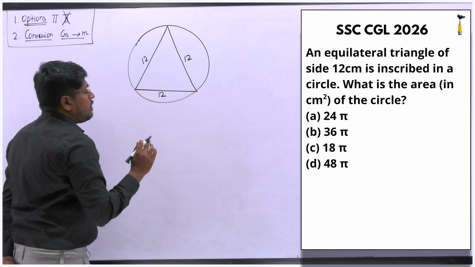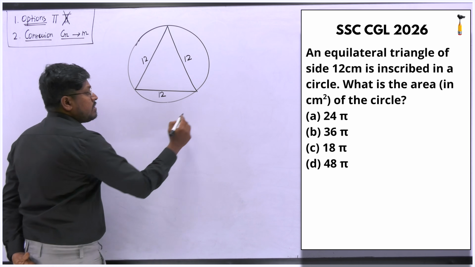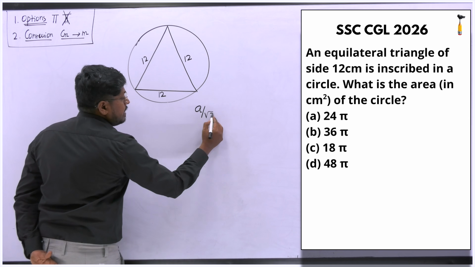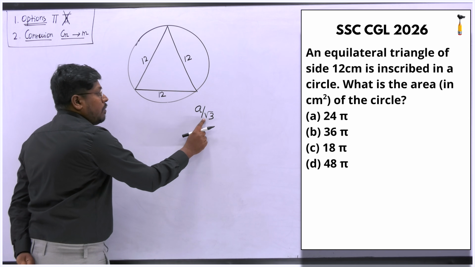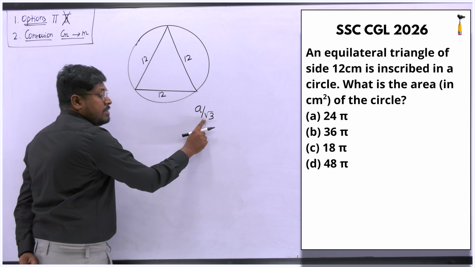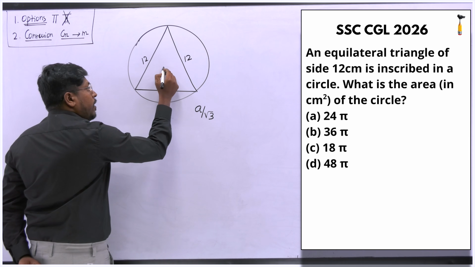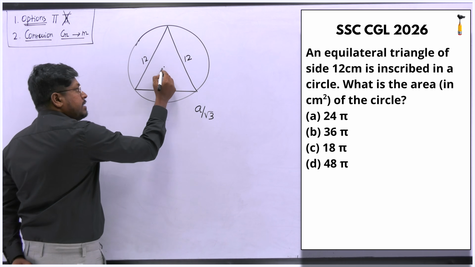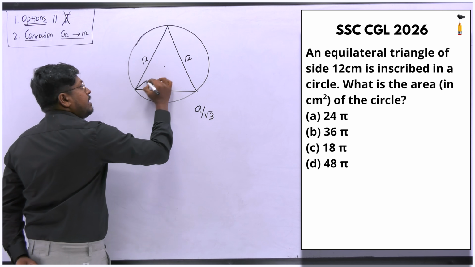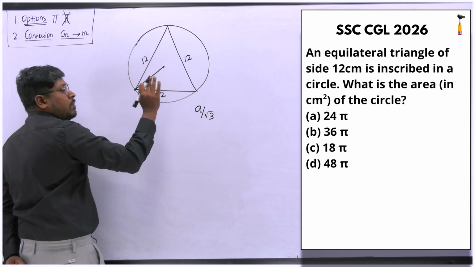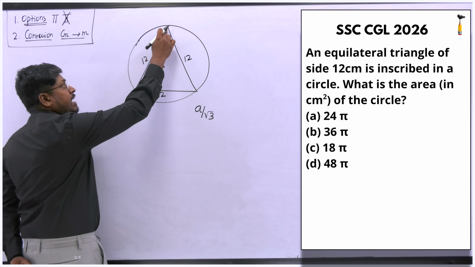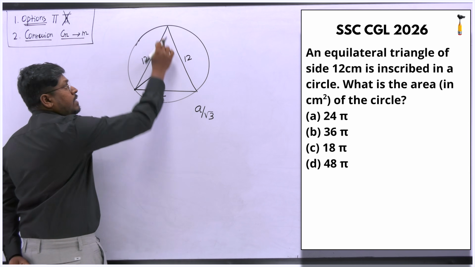So remember that we have one formula, which is a root 3. This formula is what we use to find the center point of the equilateral triangle. If it is a triangle, we have three vertices, 1, 2, and 3.